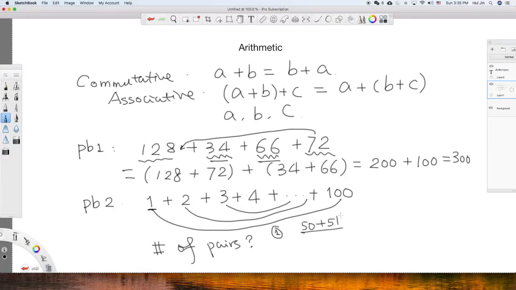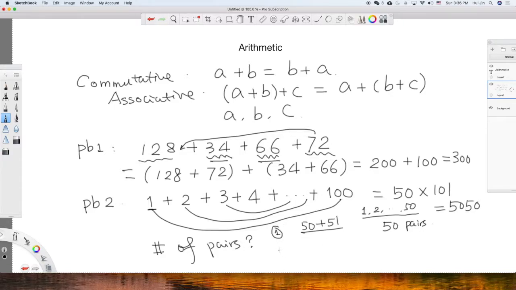That's 101, right? And now for each of the pairs, the smaller number of each pair goes from 1, 2, all the way to 50. And that's a sequence you're counting, right? So that means there are 50 pairs. Is that clear? So the sum equals 50 times 101 equals 5050.